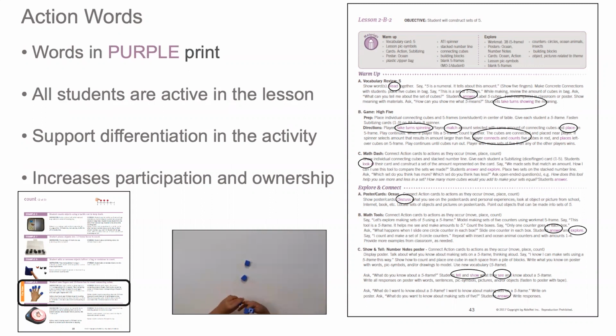In this case here, I might look at the idea of placing those connecting cubes, one on each finger, as a way to support my student who might need additional support when counting the connecting cubes with correspondence.